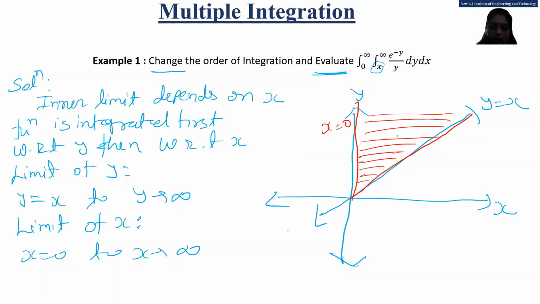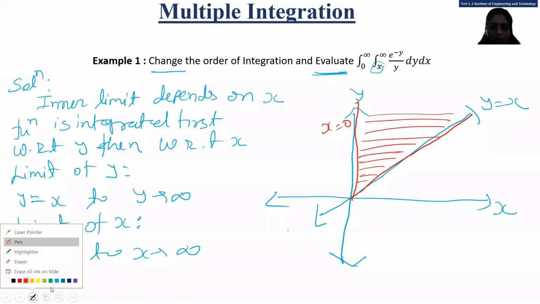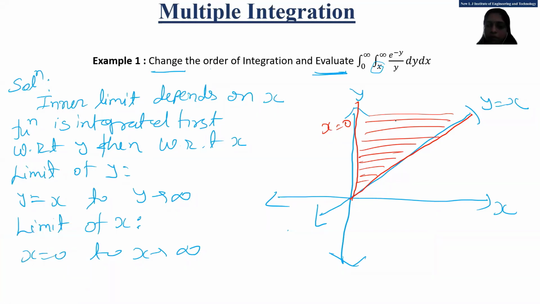Okay. Now here, we have to integrate first with respect to y. With respect to y first means we have given a vertical strip, which is parallel to y. This is our given data.